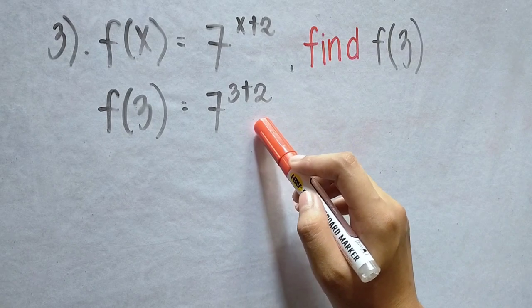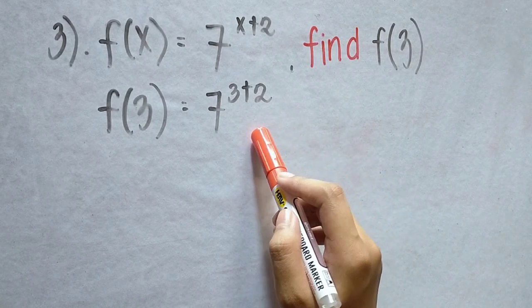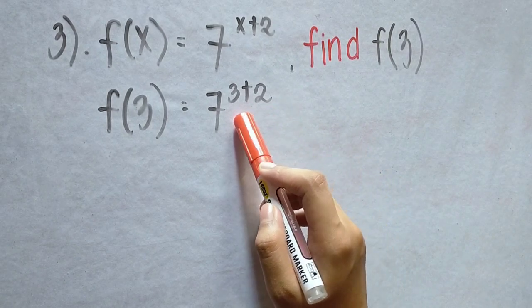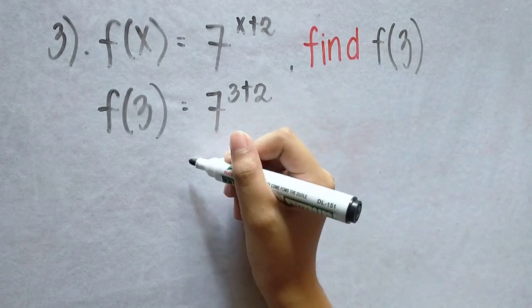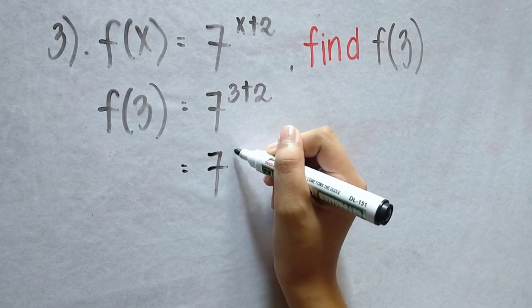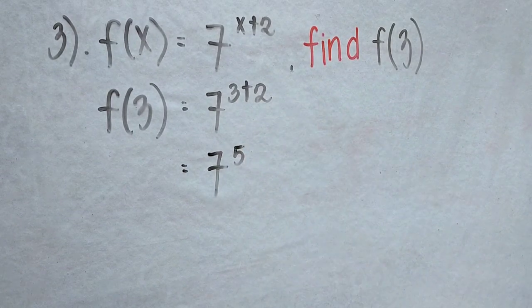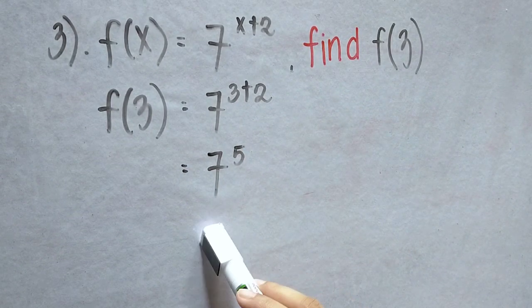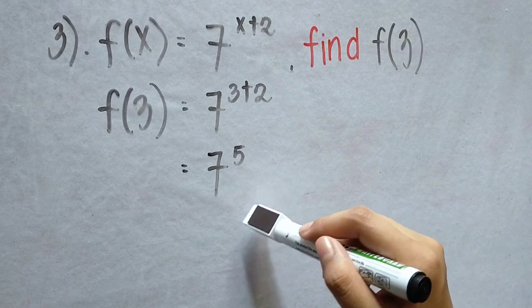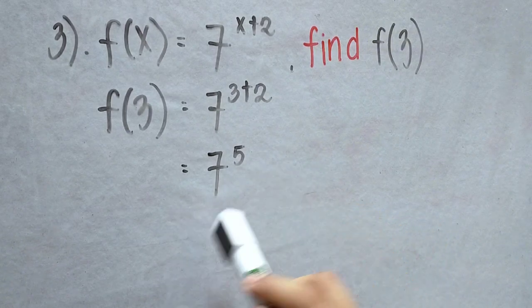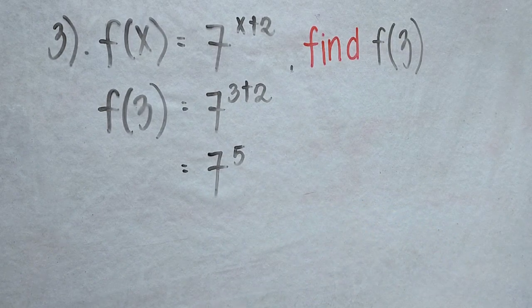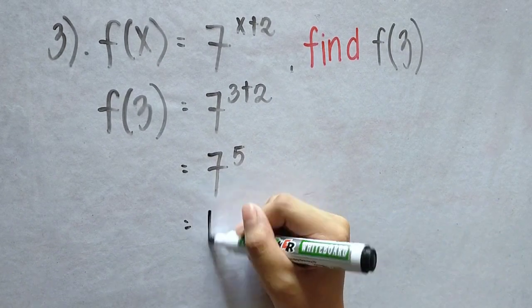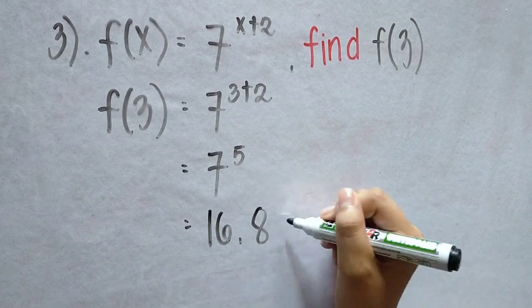As you can see, may need pa tayong isolve, which is yung exponent niya. 3 plus 2, very easy, it's going to be 5. Ngayong ganito na yung itsura niya, 7 raised to 5, pwedeng-pwede na natin siyang isolve, and the one and only answer na lalabas is 16,807.